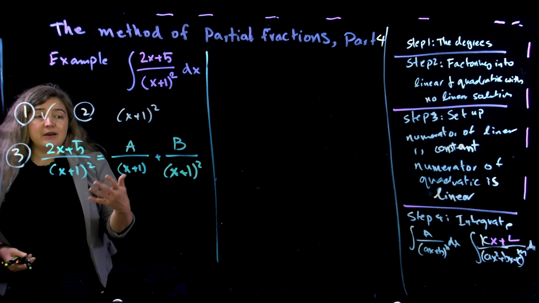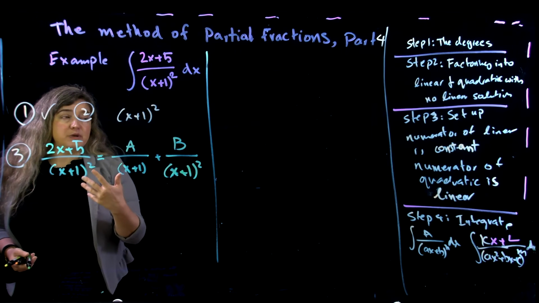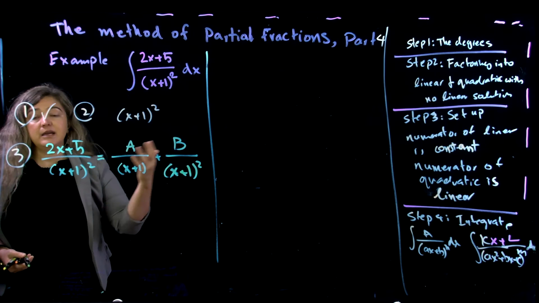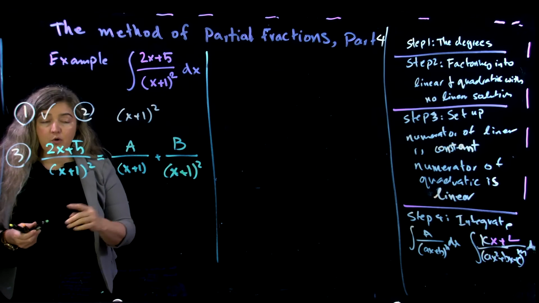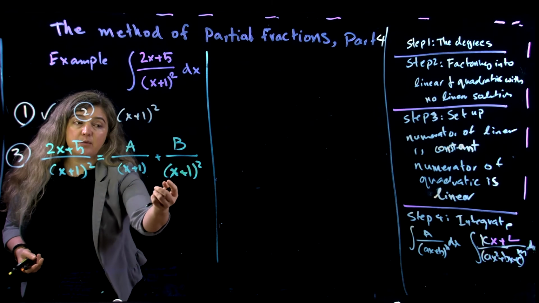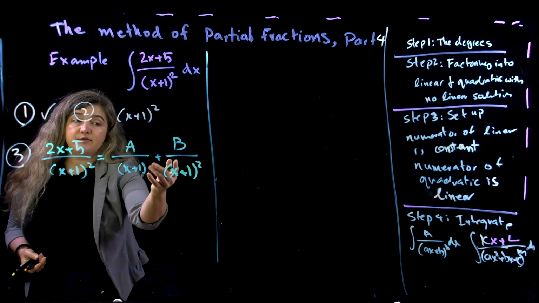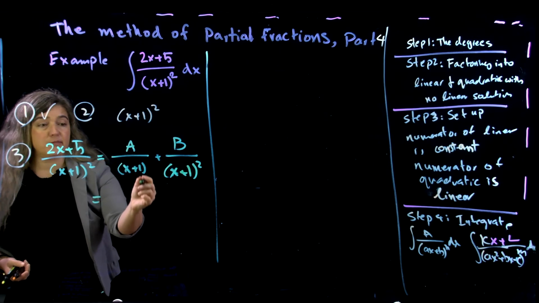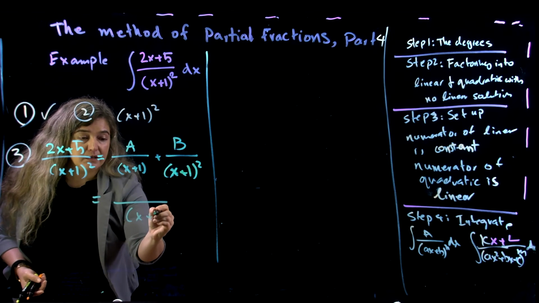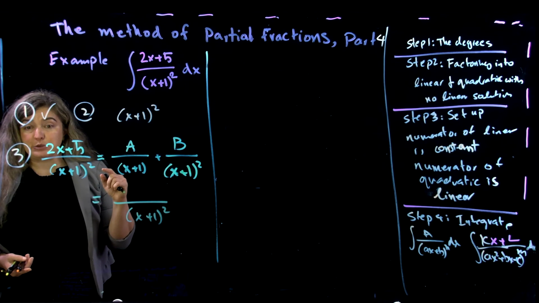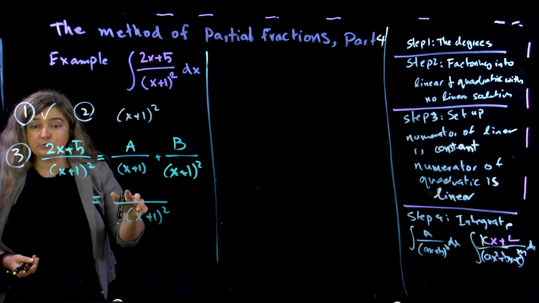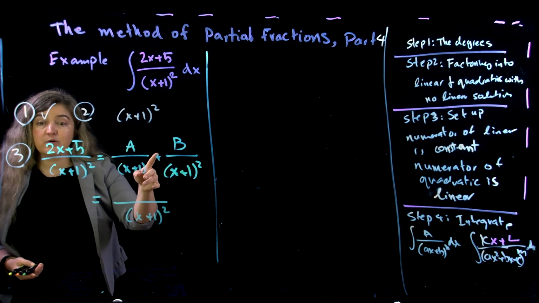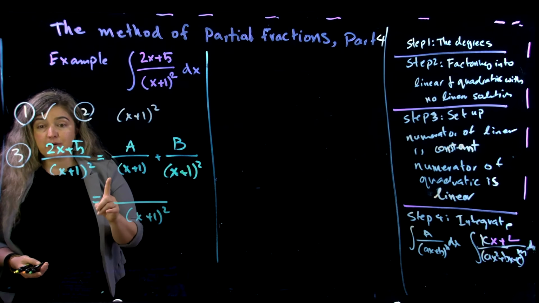Now, how do I find A and B? That would be part of this step. Similar to what we did before, if I was given the right hand side, I would do a common denominator, and the common denominator here is x plus 1 to power 2, not to power 3, but to power 2. Why? Because that one has factor x plus 1 to power 2, and that one has x plus 1 to power 1.